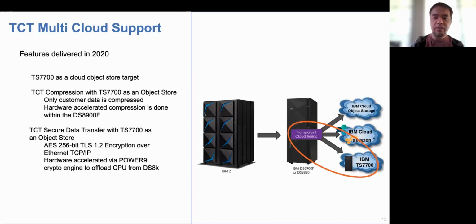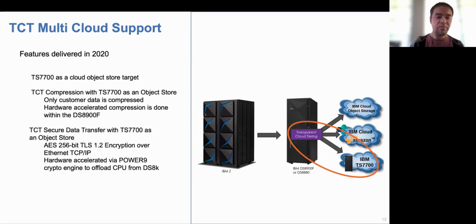Before that, we only supported traditional clouds to be configured for TCT, but in 2020, we added support for the 7700. Along with that release, we included a couple of enhancements in the way DS8000 connects and transmits data to the 7700 in order to optimize it.